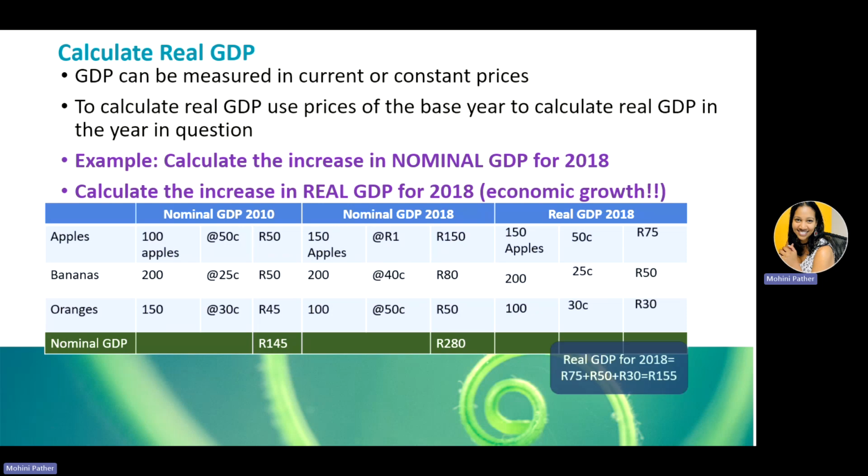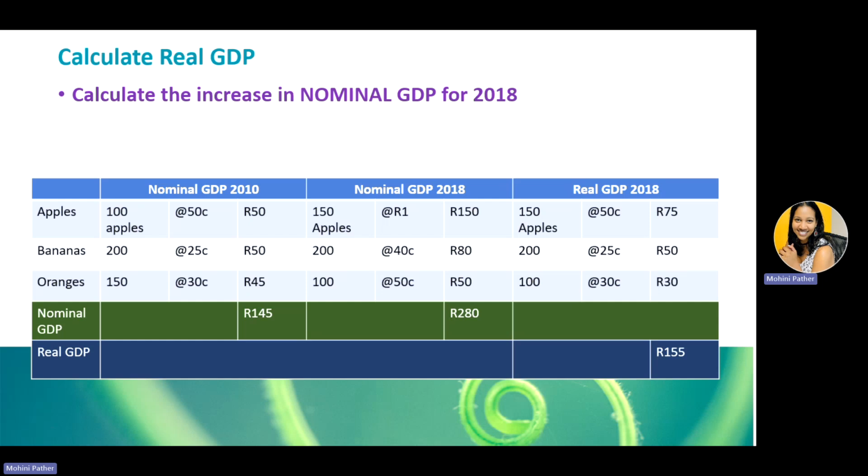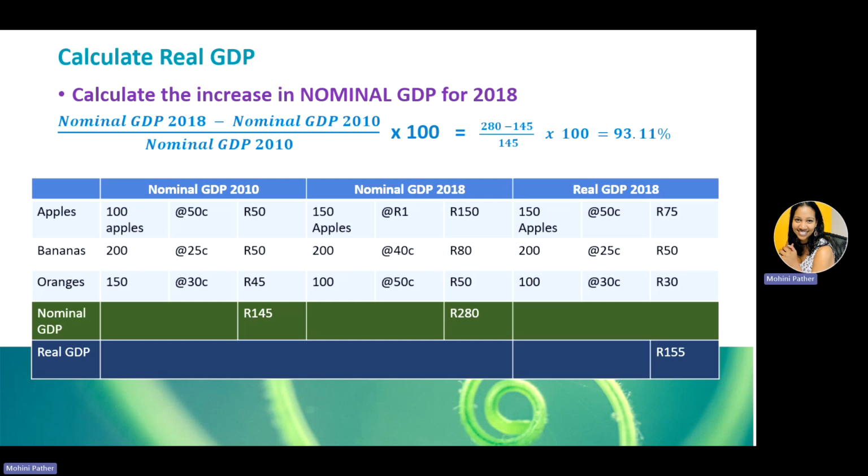So now all we have to do is calculate by adding all of these values together, and we'll have the real GDP for 2018. Now, when we are looking at did our real GDP increase or decrease, we'd take our nominal GDP, the total here from 2018.